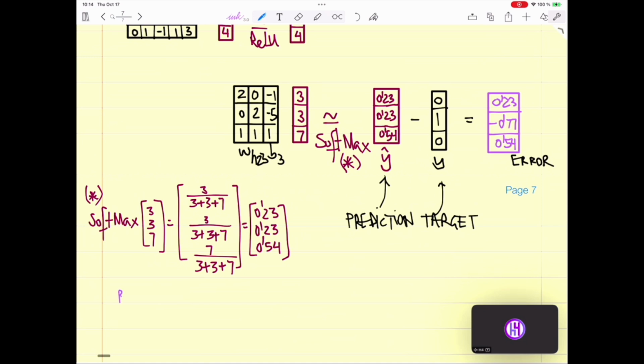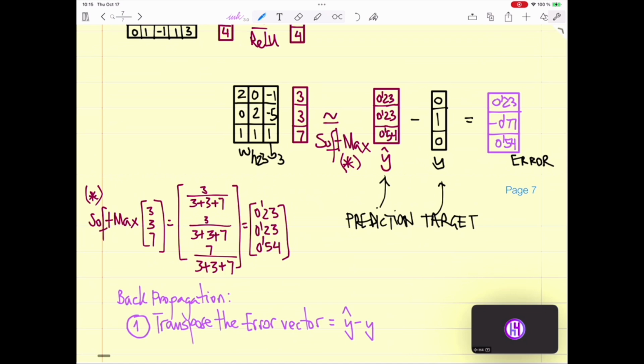The first step for the back propagation, step 1, is we transpose the error vector, being y hat minus y.